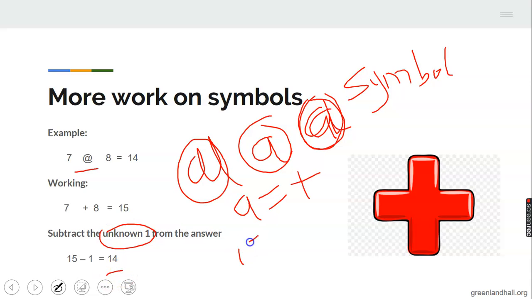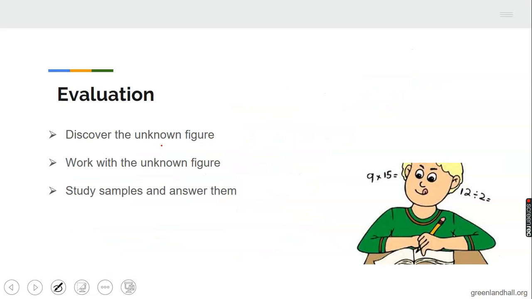So you get your 15 minus 1 equals 14, and that is your answer. I'm sure with all the examples that I've given so far, you have been able to understand clearly how to work with symbols and the unknown. I've taken my time to bring out a lot of examples so that if anyhow you see the question, any symbol they want to use, you'll be able to identify the unknown figure that is there.